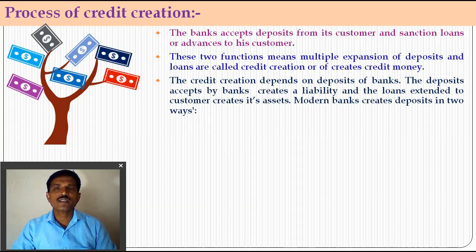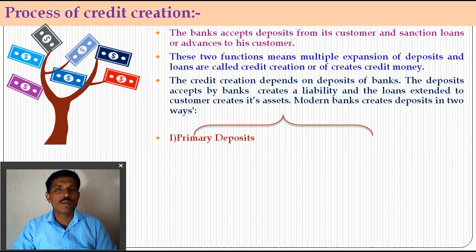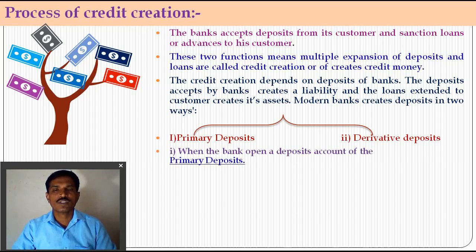The deposit accepted by the bank creates a liability and the loan extended to the customer creates an asset. Modern banks create deposits in two ways: first the primary deposits, and second the derived deposits or secondary deposits.